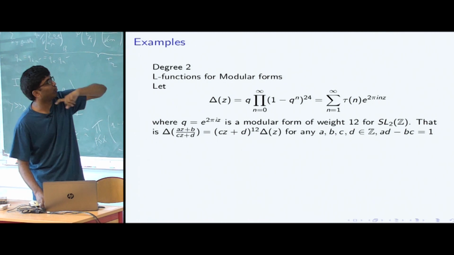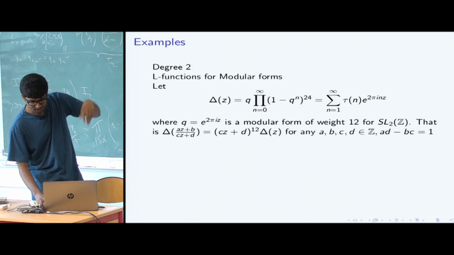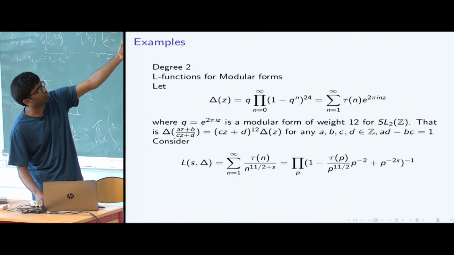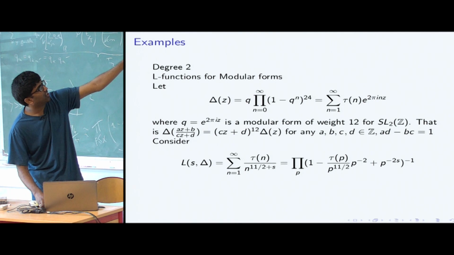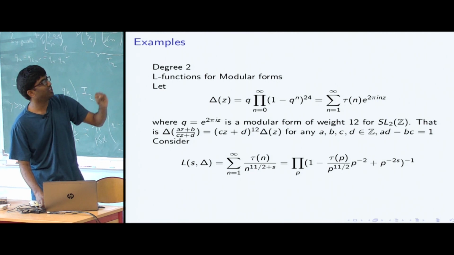This is the automorphic factor for every (a b; c d) in SL_2(Z). So that's a modular form, and for it you have these Fourier coefficients tau(n). Using those coefficients, you can form this Dirichlet series, and you can also form this Euler product, and these two expressions are equal.